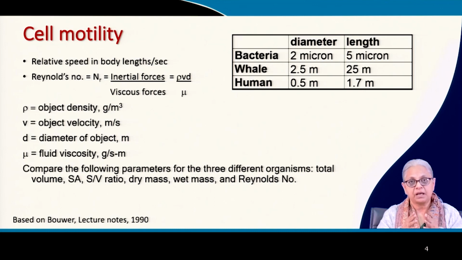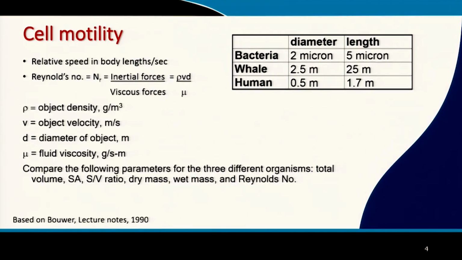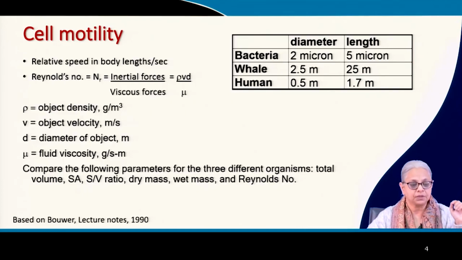When you have a bacteria, you have microns. When you have whales, you have a few meters. Humans have a length of more than 1 meter. That is just to give us a sense of relative speed. So that is one parameter that is calculated over here.